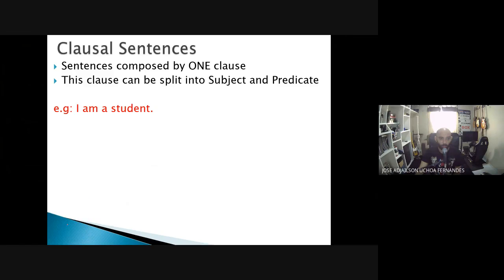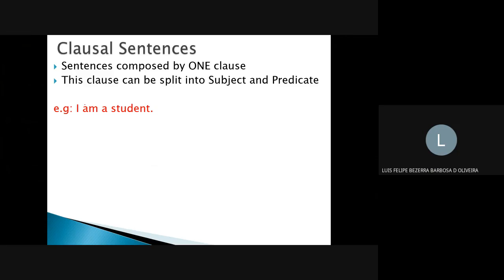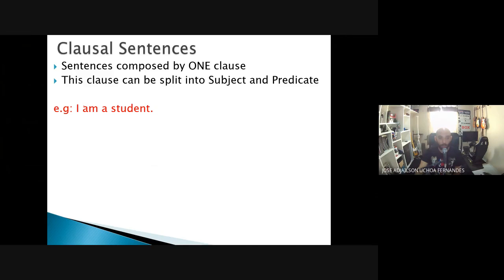It's "a student." The predicator. Sorry, "am." "Am" is the predicator of the predicate "am a student." "Am a student" is the predicate, and "am" is the predicator. It is in charge of the whole predicate "am a student."